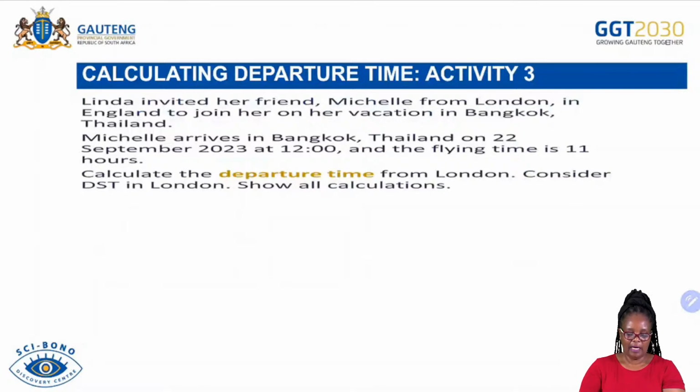The question says, Linda invited her friend Michelle from London. First place here, it's London, in England, to join her on a vacation in Bangkok, Thailand.